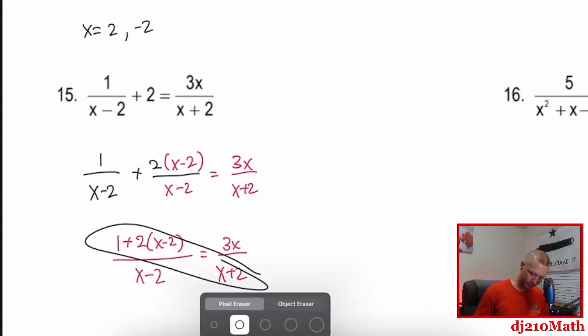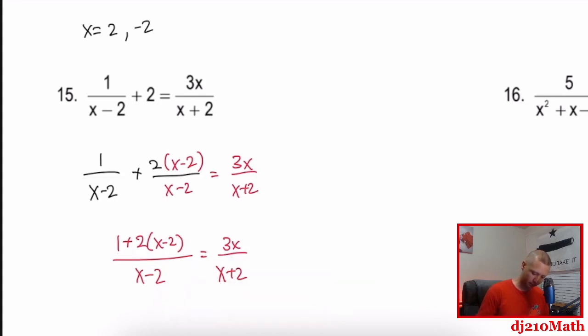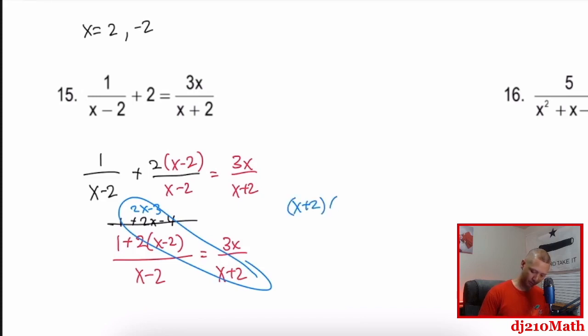What if we do some simplification first? This is going to be 2X minus 4 plus 1. So this is going to be 2X minus 3. So then this is going to be X plus 2, 2X minus 3, which is equal to 3X, X minus 2.